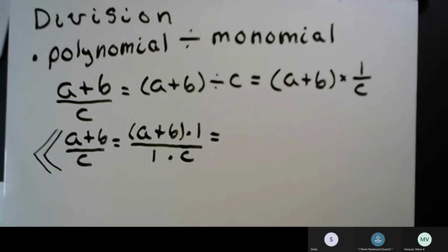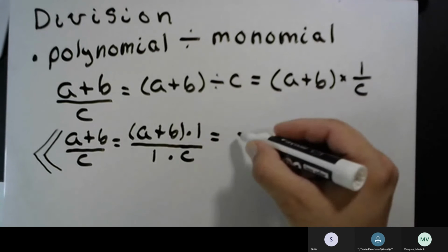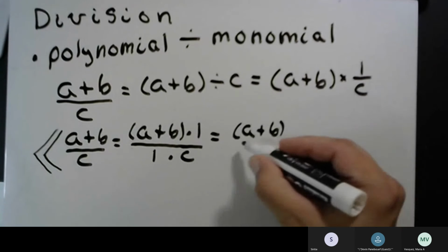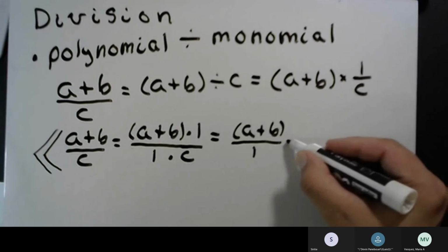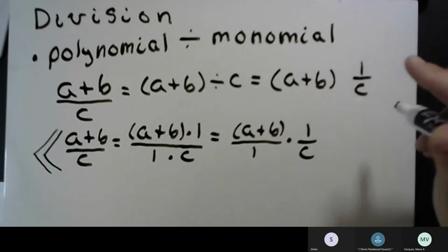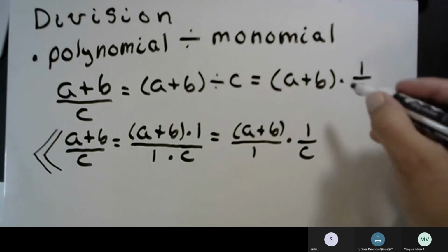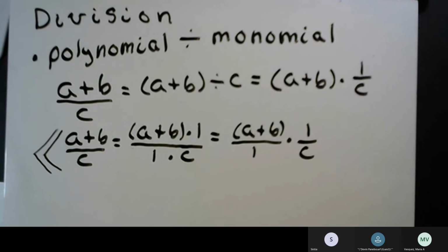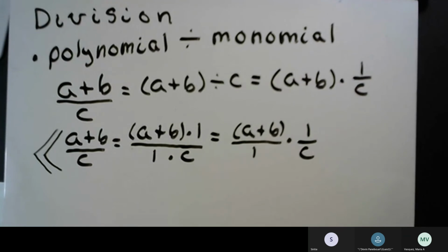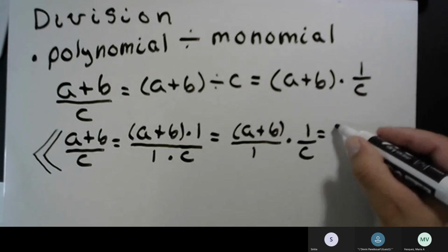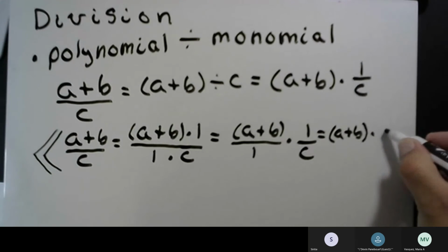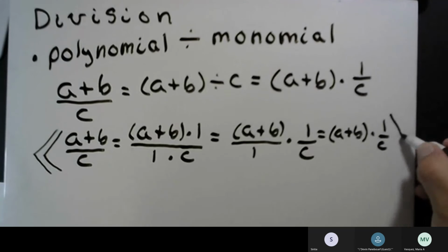It doesn't change anything. And so you can treat this as A plus B over 1 times 1 over C. And here I'll use dots for my multiplication since we are dealing in algebra. And then division by 1 doesn't change anything. So that becomes A plus B times 1 over C.